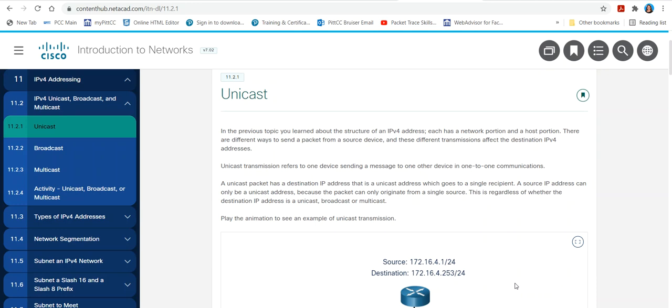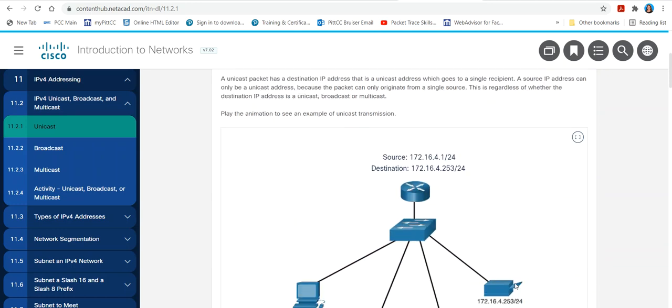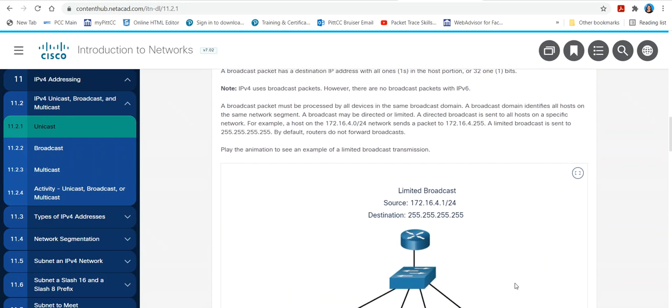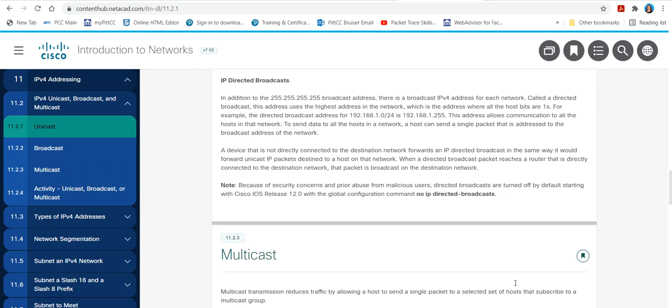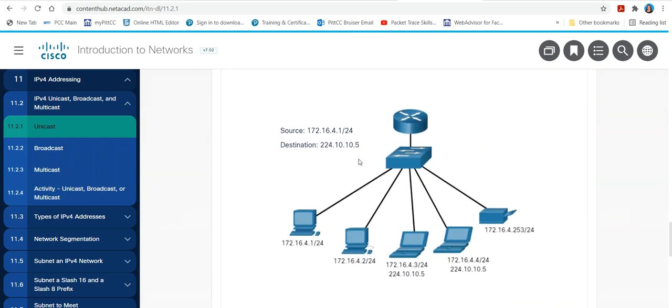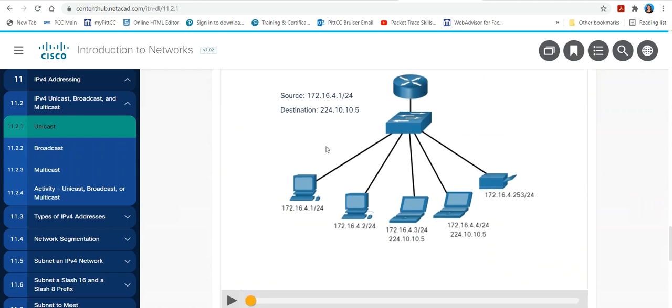If it has a mixture of 1s and 0s in the host portion, it's unicast. Broadcast would be all 1s. And then your multicast addresses would begin in that range that I was mentioning earlier, 224 to 239. So that's just a quick way of determining what type of address it is. And that is a question that you will see on your exam.